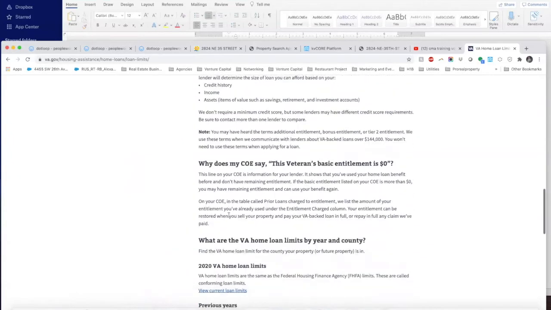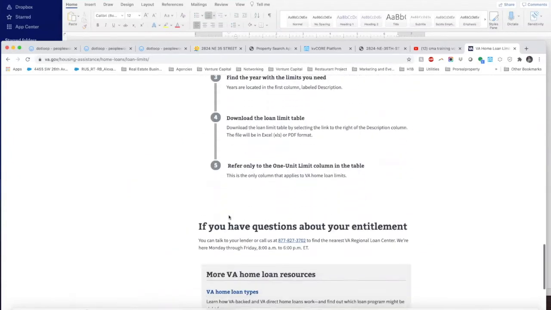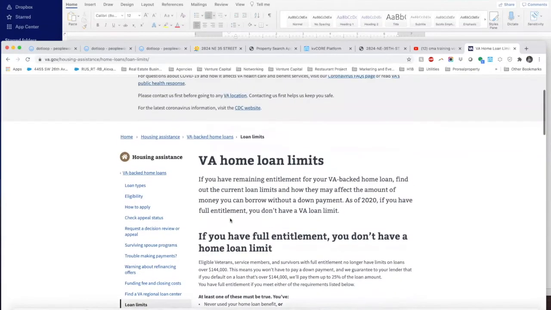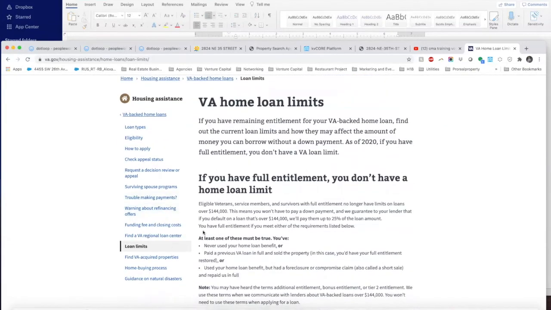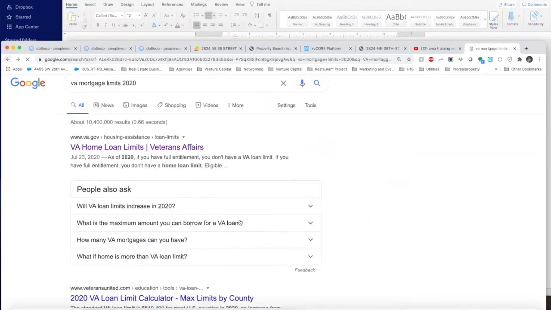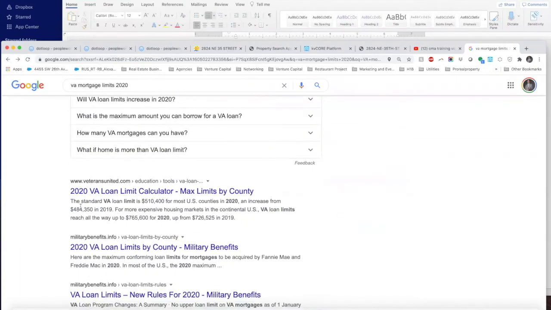Last year it was, I believe, 417,000, the purchase price. Okay, let me see, max. Okay, so 2020 increase to 484,350.